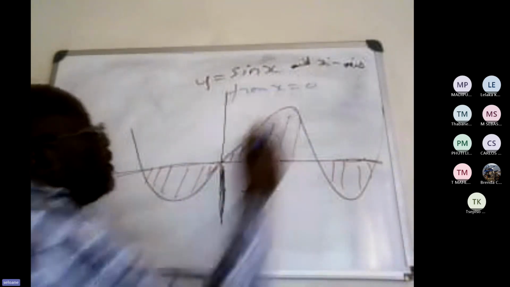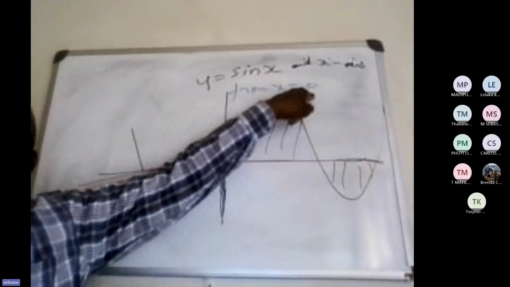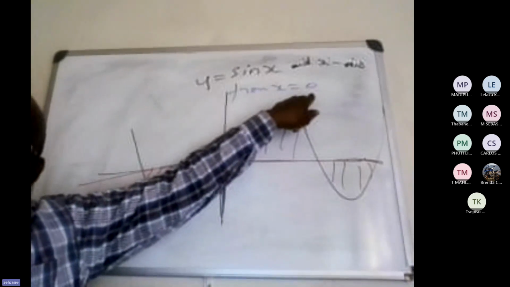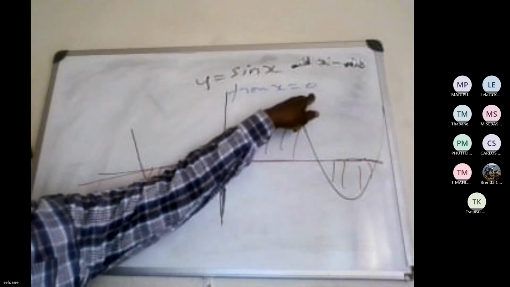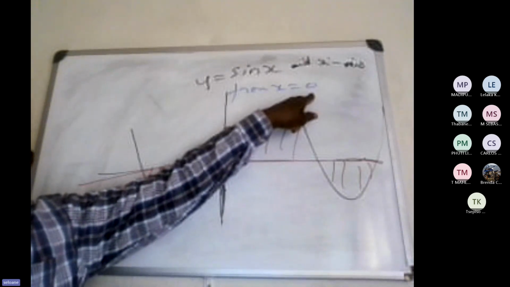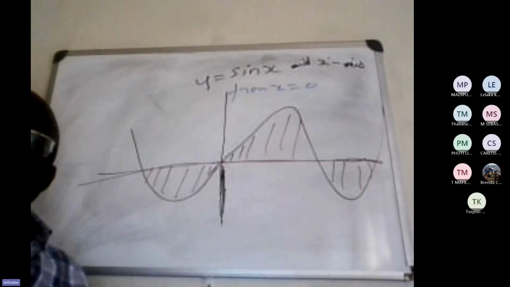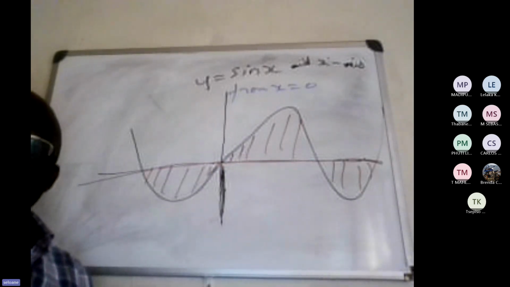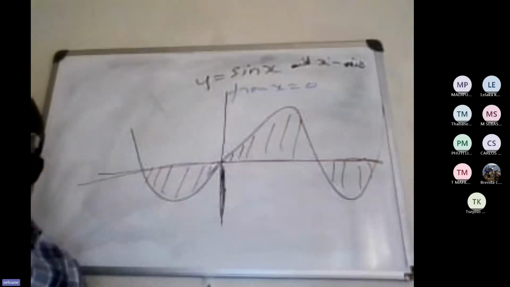x equal to 0. And once they say x equal to 0, then already we know our measuring unit. If they say x is equal to 0, can you say the angle here is measured in degrees? No, because they're not saying x equal to 0 degrees.